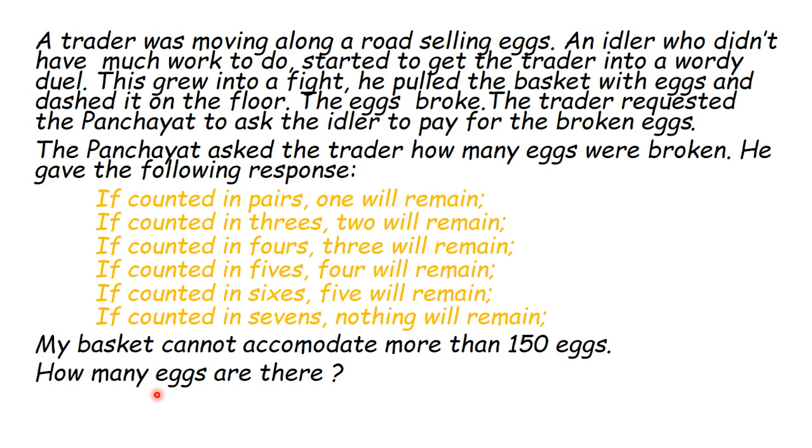This grew into a fight, so he pulled the basket with eggs and dashed it on the floor. The eggs broke. The trader requested the panchayat to ask the idiot to pay for the broken eggs. The panchayat asked the trader how many eggs were broken.